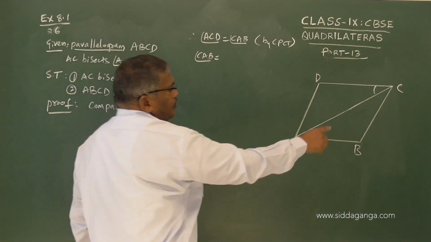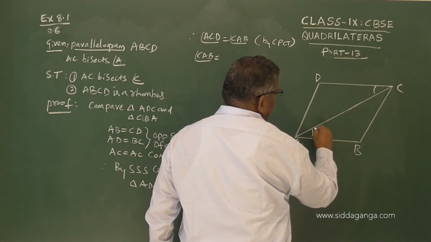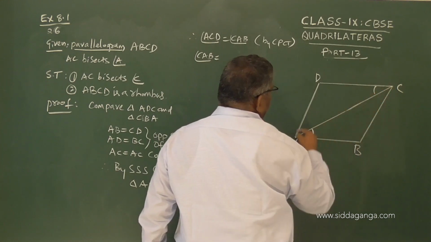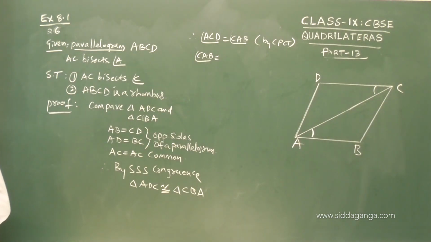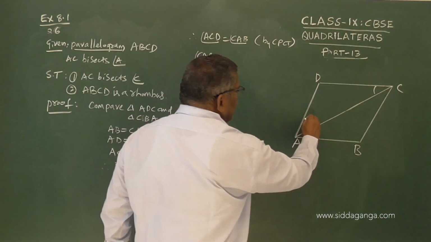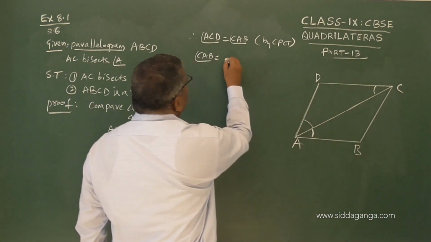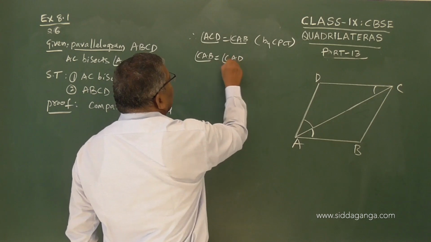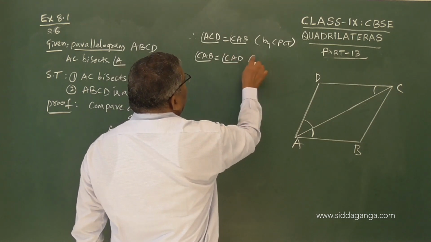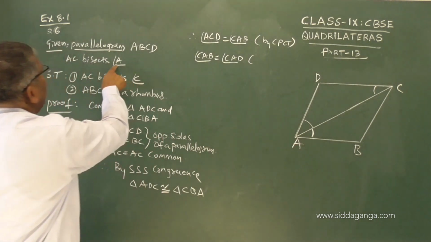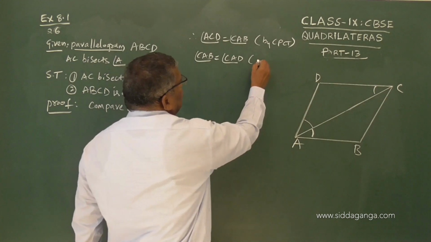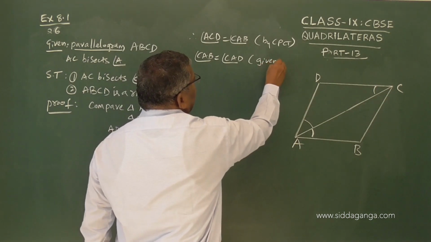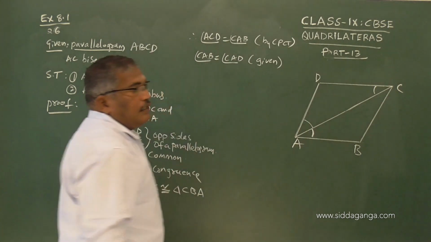Observe this, CAB, this angle, and CAD, these two angles are equal. This is because it is told AC bisects angle A. It is given data.